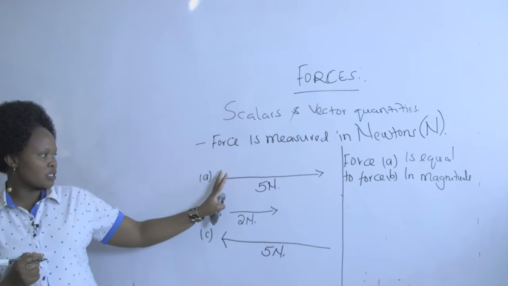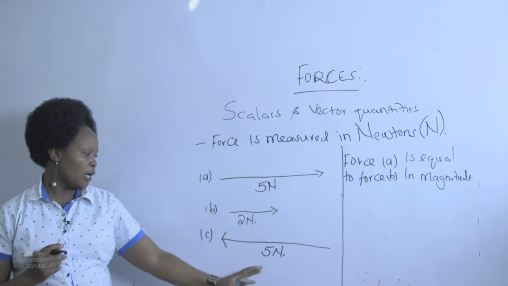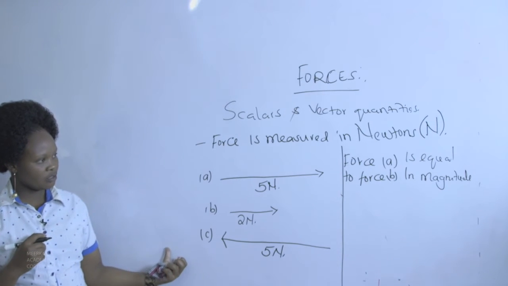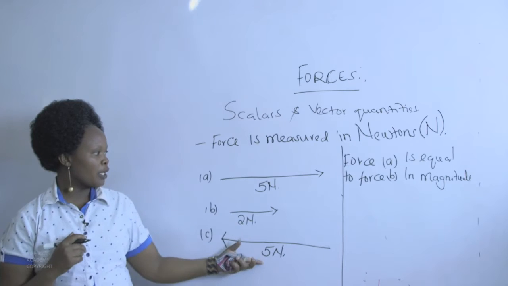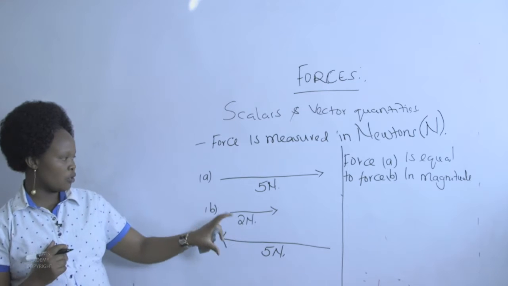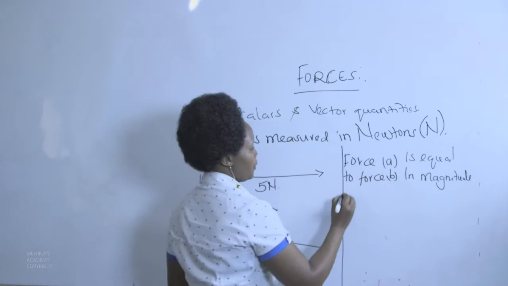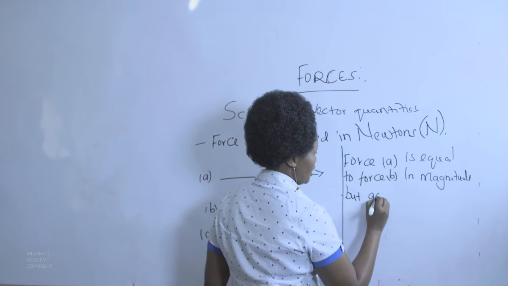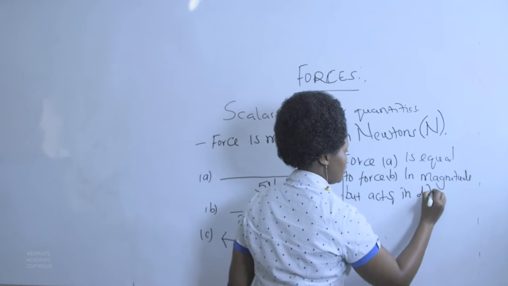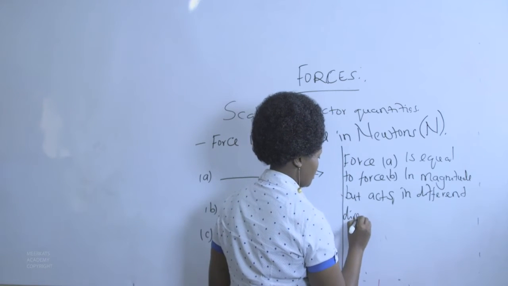The first force, labeled A, acts in the right direction, and the effect of force C should be felt in the opposite direction. For that reason, we cannot take force A to be equal to force C, because the two forces act in different directions.